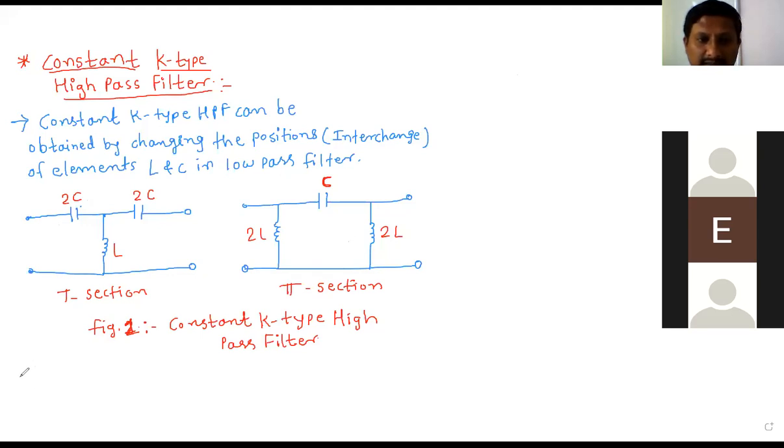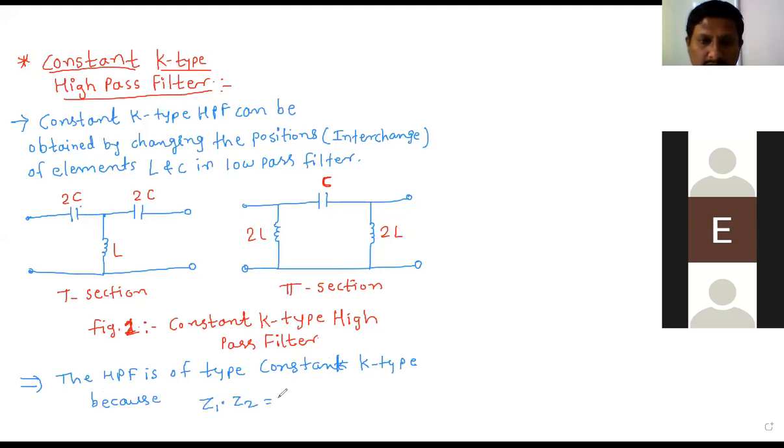So I will write here just: the high pass filter is of type constant K type, because Z1 into Z2 is equal to K square, that is equal to L by C. Where you can mention Z1 is equal to the element in the series arm, so that is with respect to omega C. With respect to T you can take.